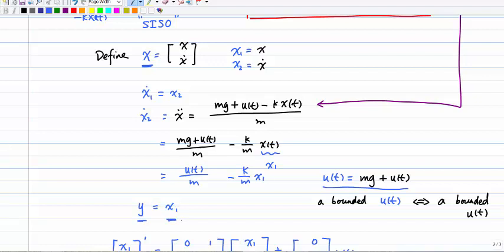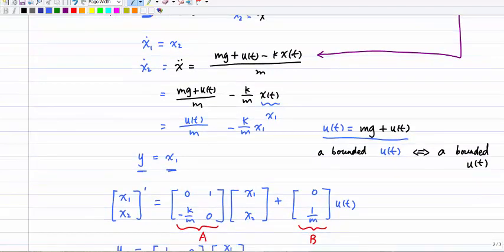The nice thing about the blue one is that I can write it in the state space representation, the standard form we typically use. To summarize, we put x1 and x2 together as the new state, whose derivative is given by the two equations.